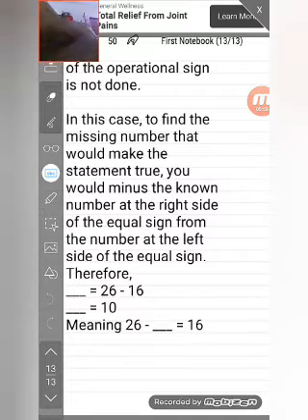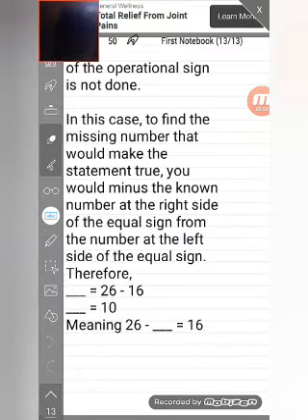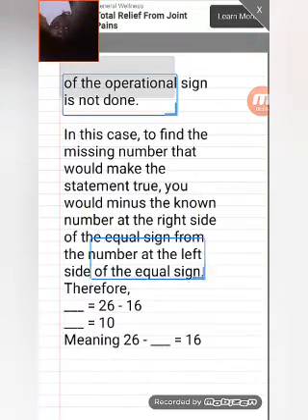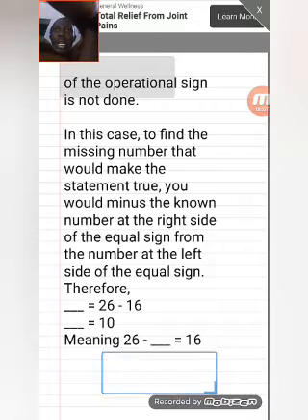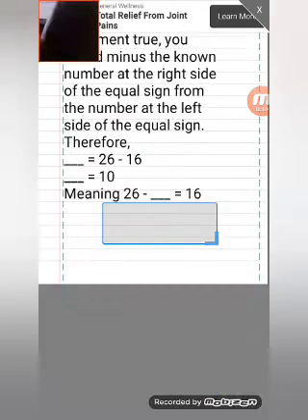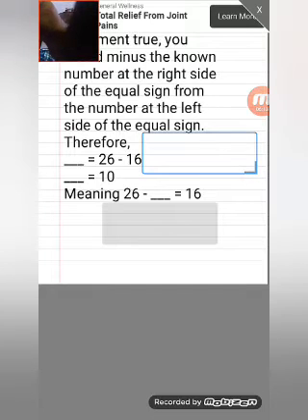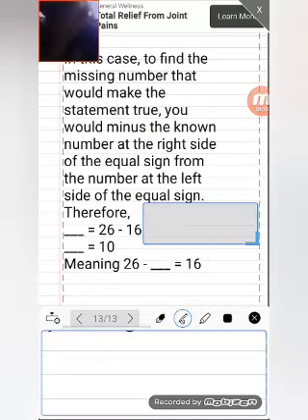And let's still do what we've been doing, the minus. Let's work it out so that, like we said previously, you can remember.